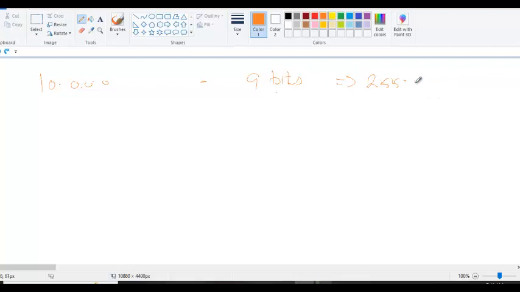See, this is 8 bits and this is 9 bit. Why 128? Because that bit value is only 128. You're borrowing only 1 bit, which is the higher order bit. What is the value of this bit? 128. That's the only bit you are giving from here.